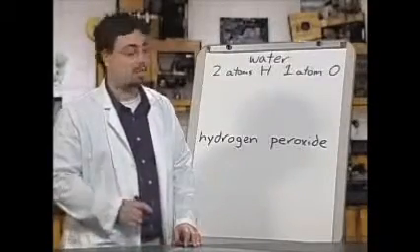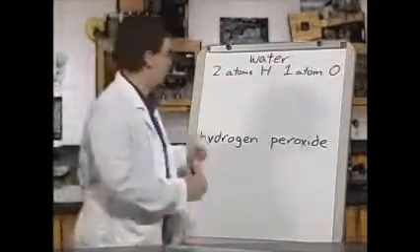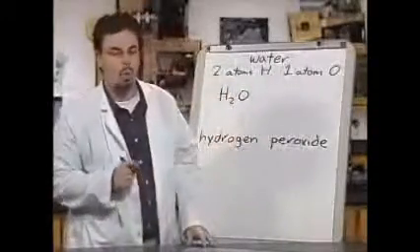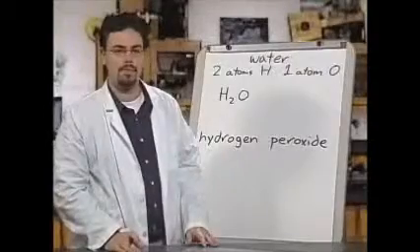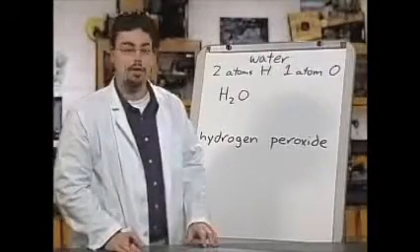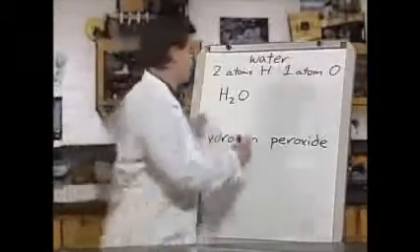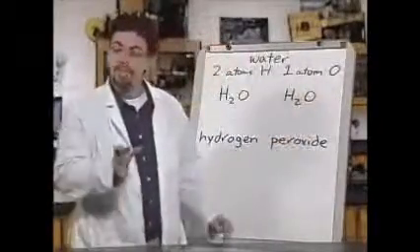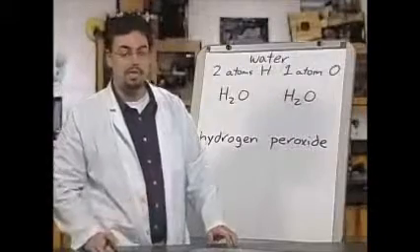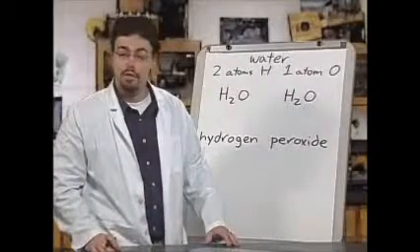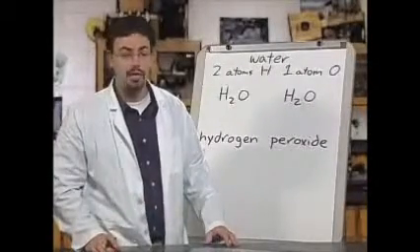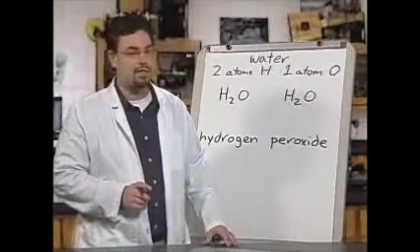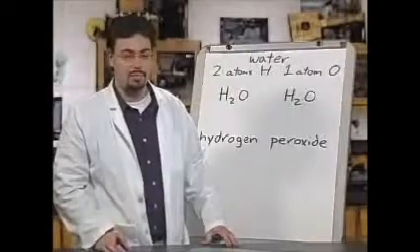So the molecular formula for water would be H2O. What about the empirical formula? The simplest ratio here would also be H2O. That's okay. Sometimes the empirical formula and the molecular formula are the same for a covalent compound. But we need the 2 types of formulas because this is not always the case.